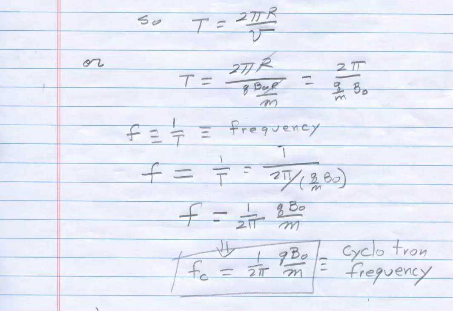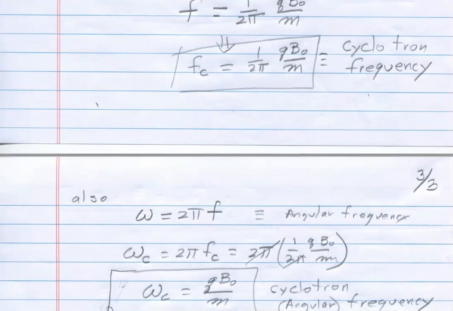The period is the time for one complete oscillation or one complete orbit, and this tells you how often the particle makes it around that trip, the frequency with which it makes the trips. It makes one per period. Well, that is sometimes given the symbol f sub c. I don't know if your book does or not. And that is given a name. It's going in a circle, and a circle is a cyclotron. And so this 1 over 2 pi times q B naught over m is sometimes called the cyclotron frequency.